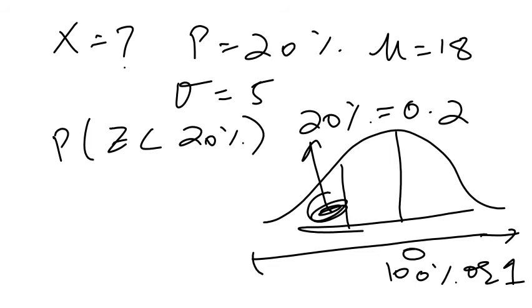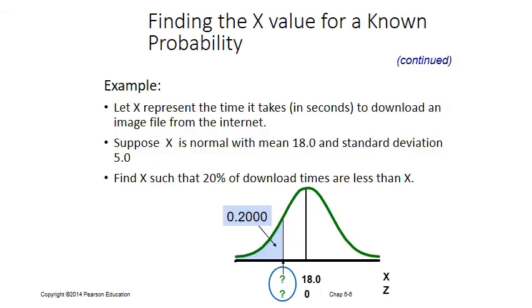We will see again the z value corresponding to 0.2. So here once again you can see, let x represent the time it takes to download an image file from the internet. Suppose x is normal with mean given, standard deviation is 5. Find x such that 20% of download times are less than x.